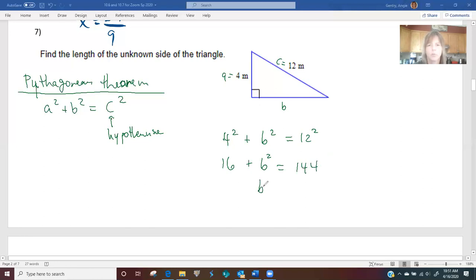Then you have B squared equals 144 minus 16. Actually, we can do this one with the square root. Have we done that already in this class? We've done it factoring too.